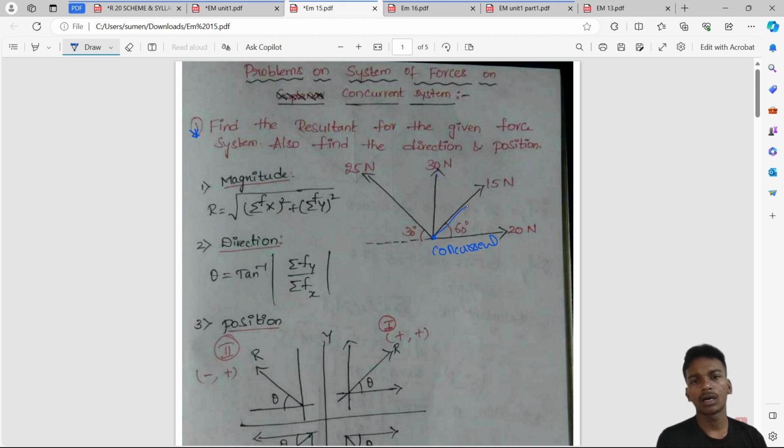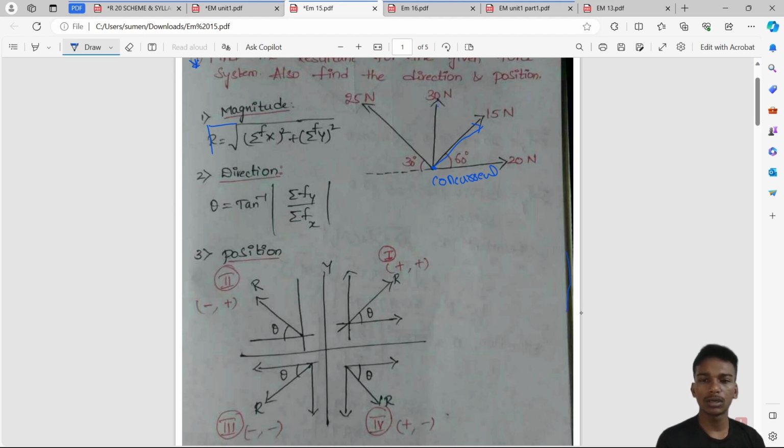They are rising from the same point. These are three different forces. We have to find the resultant of these forces. For finding the resultant magnitude, this is the formula: R is equal to the square root of summation of Fx squared plus summation of Fy squared. And the direction of this resultant can be expressed as theta is equal to tan inverse of sigma Fy by sigma Fx.